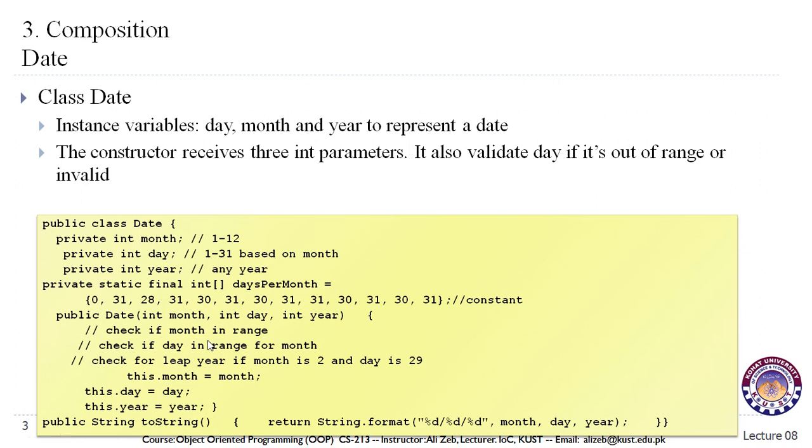We will look at the validation code in the example. And then we use the toString method that will return the date in a string format. So we want the date to be in a format separated by slashes. So we have month, day, and year separated by a slash.